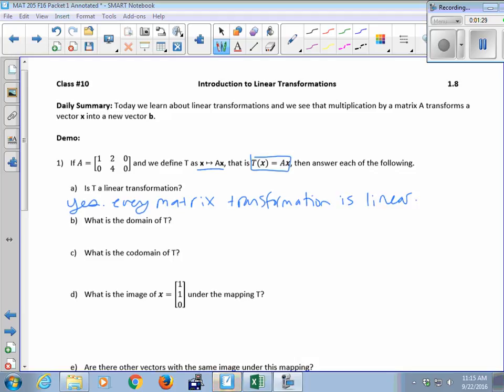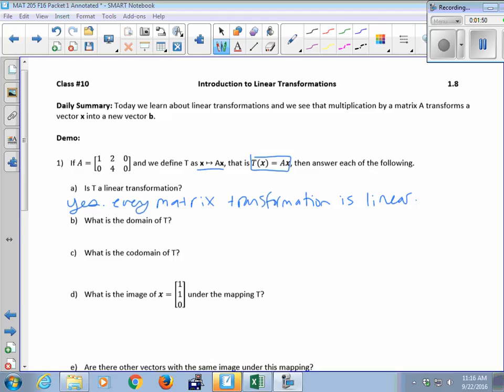So the domain of T. T is my transformation. What kind of inputs can I put into T? So remember, T of X is the matrix A times X. So your inputs are the things that you can multiply A by.